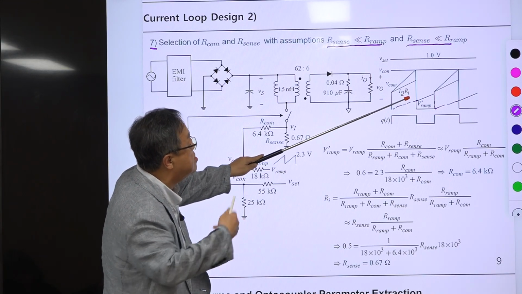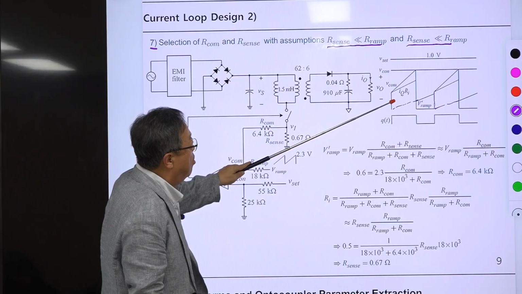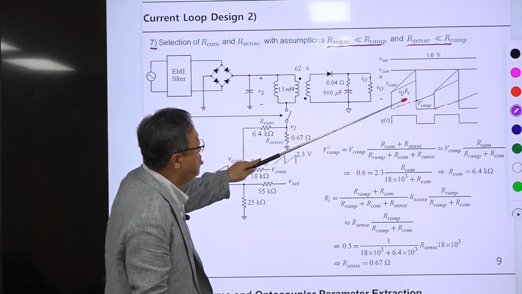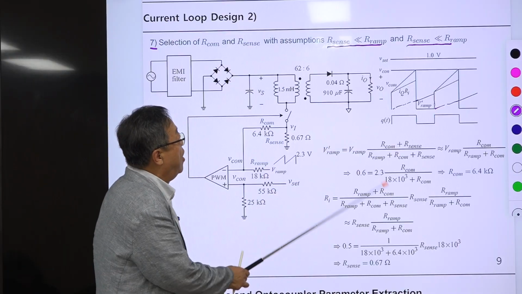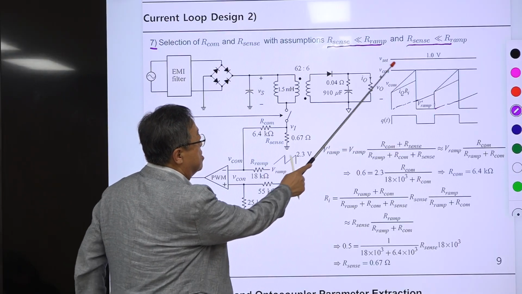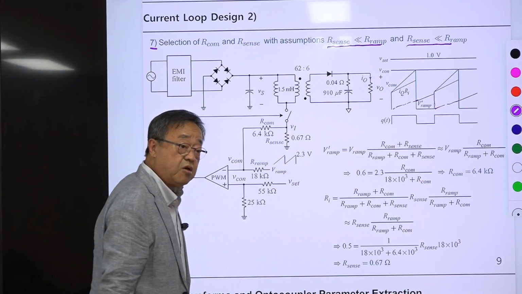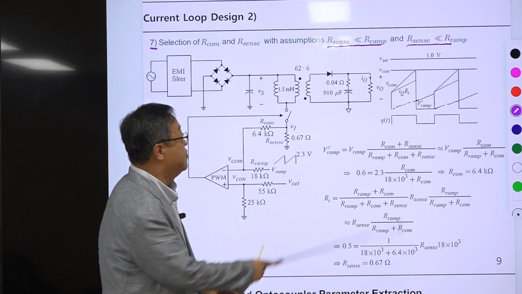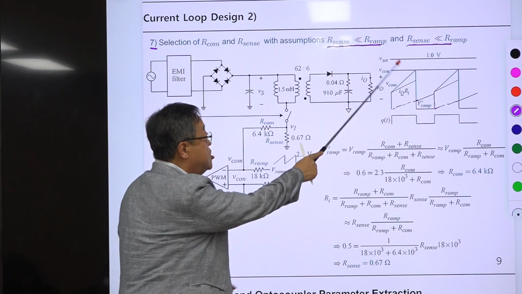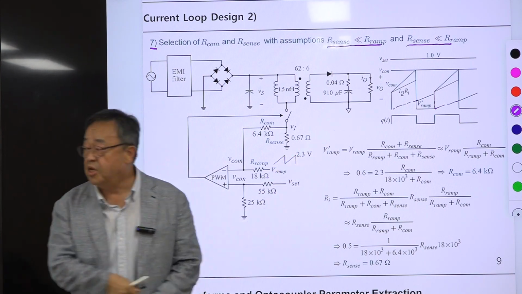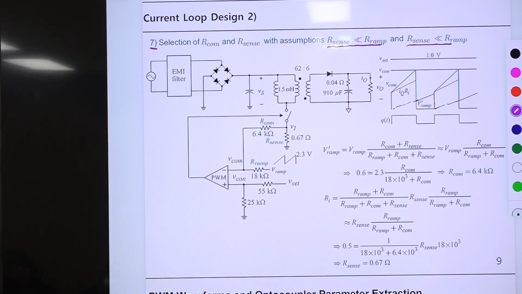This is the sensed current signal, the current feedback signal, and the sum of this and this is Vcom. So when Vcom hits this Vcon, where Vcon is the control voltage, this value should be smaller than this, because this is the maximum voltage determined by this controller. Let me use this Vmax.